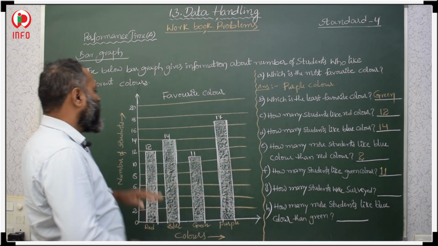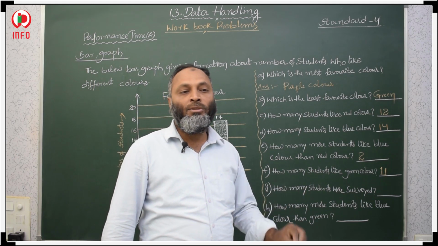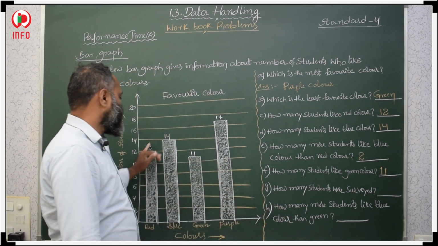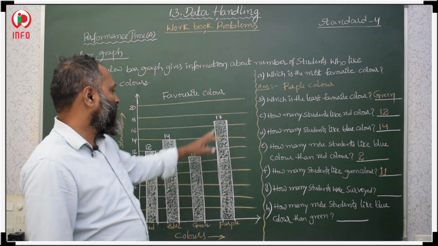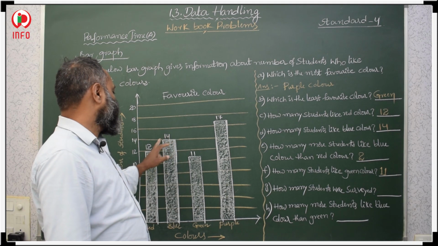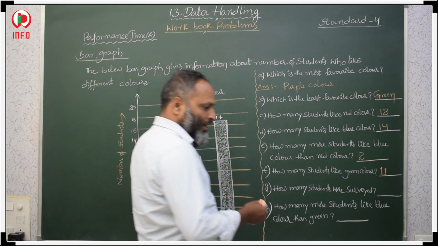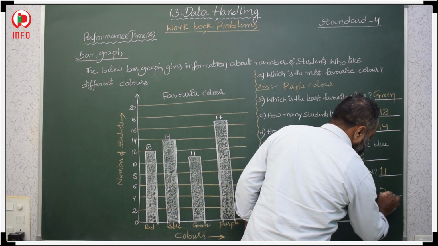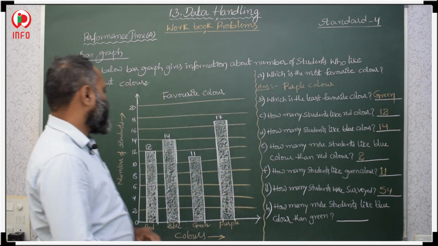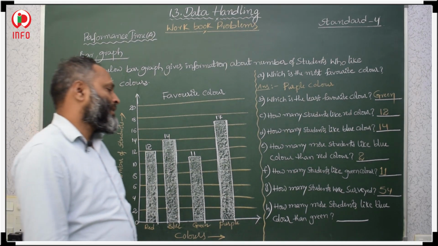It means we should find the total students. So 12 plus 14 plus 11 plus 17, which is 54 students. 54 students were surveyed.